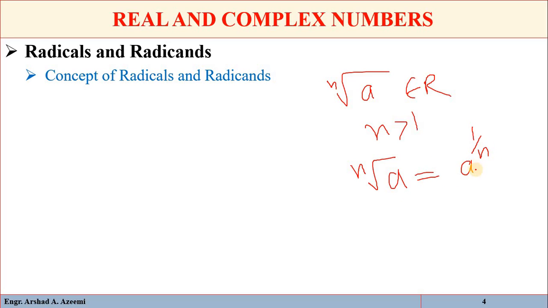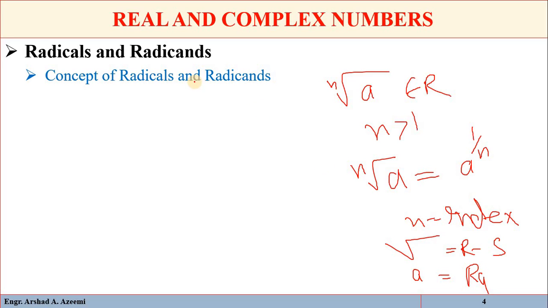Where n is called the index of the radical. This symbol is called the radical symbol, and the number a is called the radicand. This whole expression, nth root of a, is called the radical form of the nth root of a.